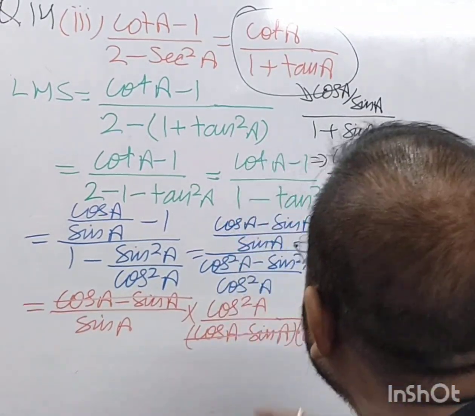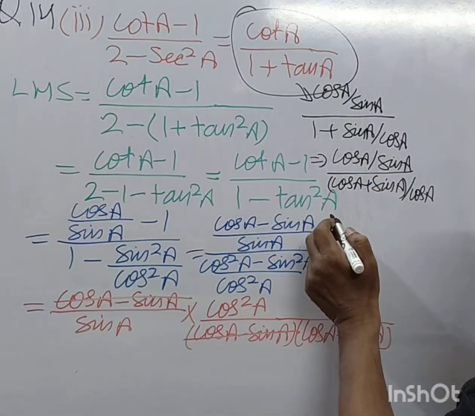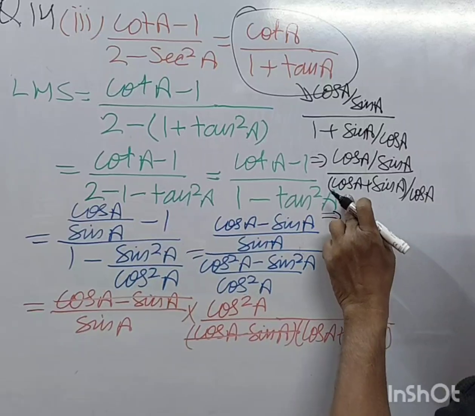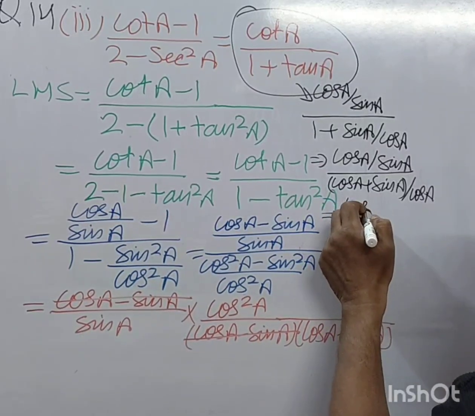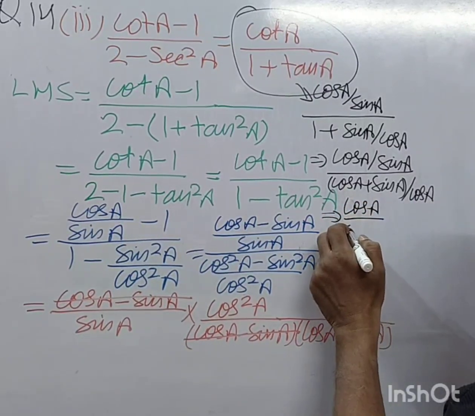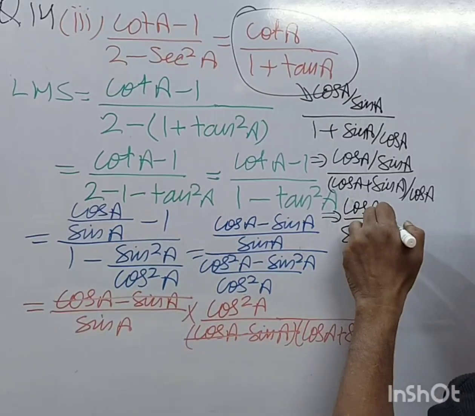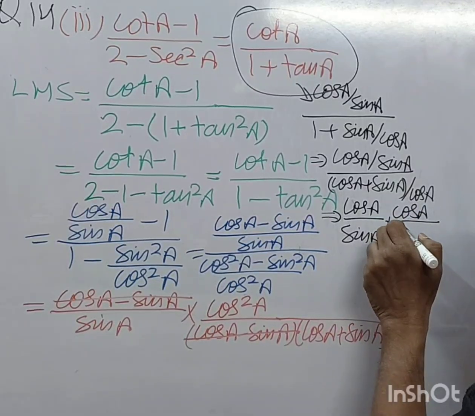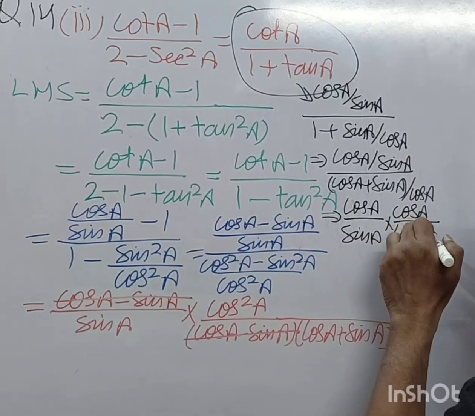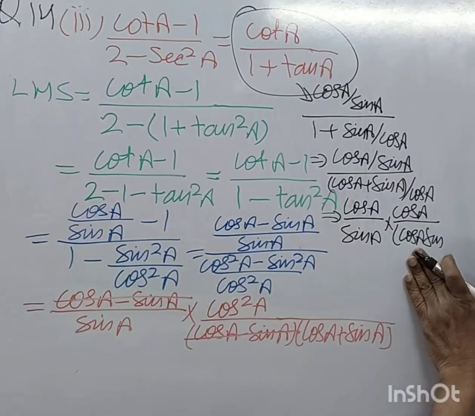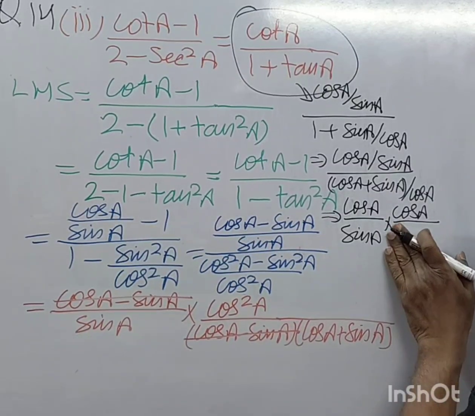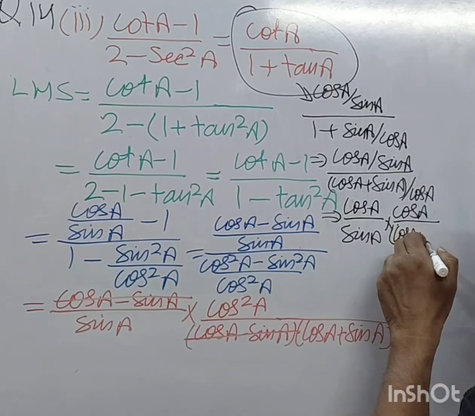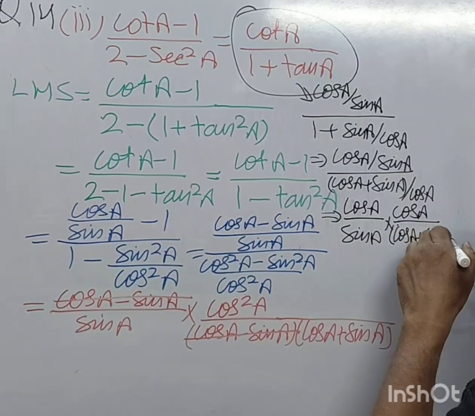If we do it like this, this will be cos A upon sin A into cos A upon cos A plus sin A, right?